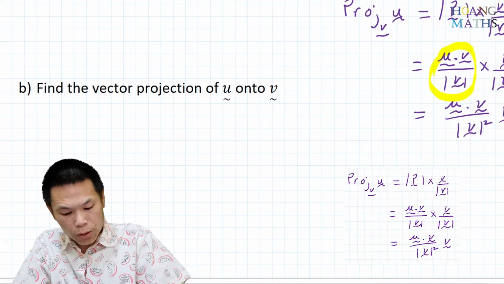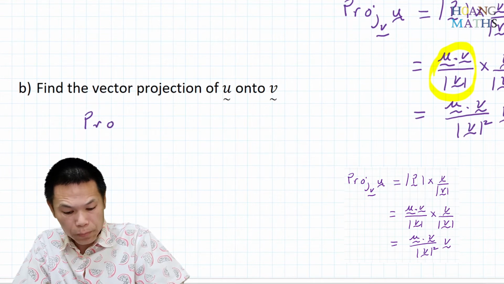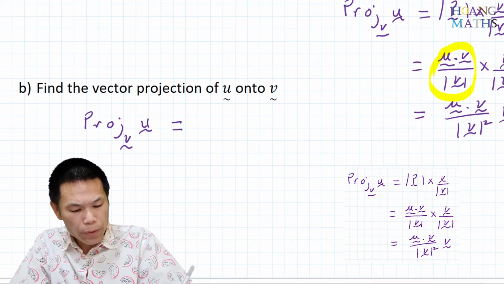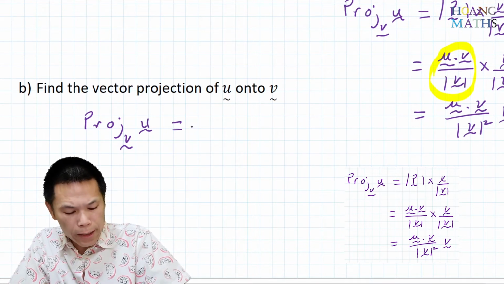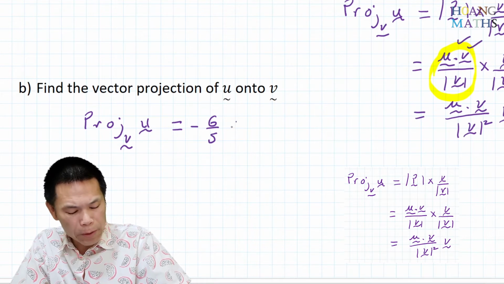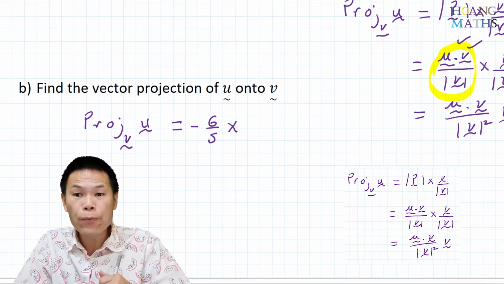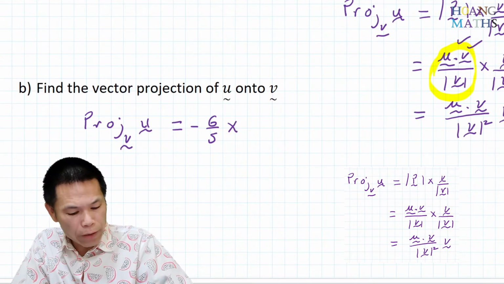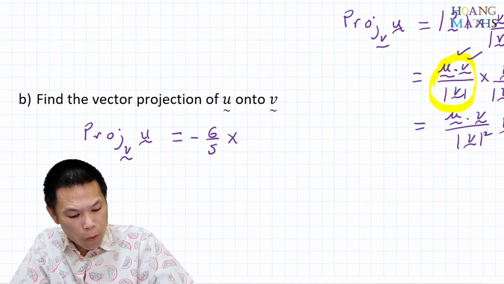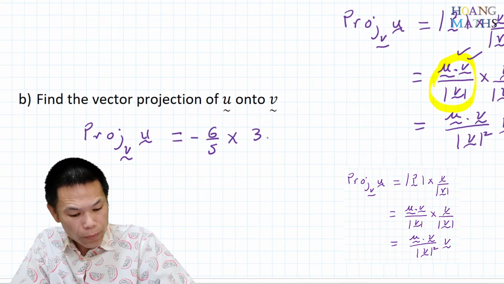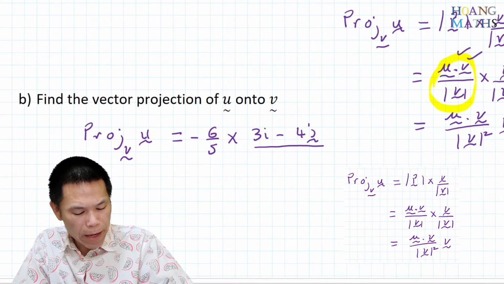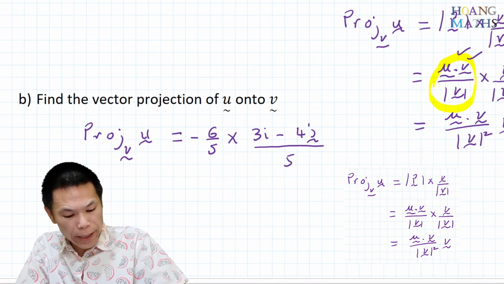But we already figured out the scalar projection of u onto v. So the projection of u onto v is equal to the scalar, negative 6 over 5, which is this one here, times the unit vector of v. The unit vector of v is 3i minus 4j over its magnitude, which is 5, as we already figured out earlier.